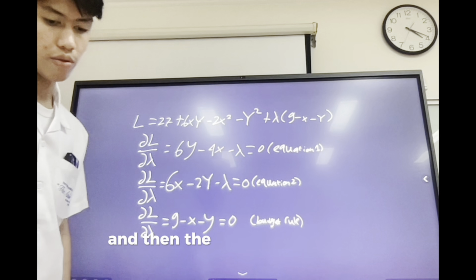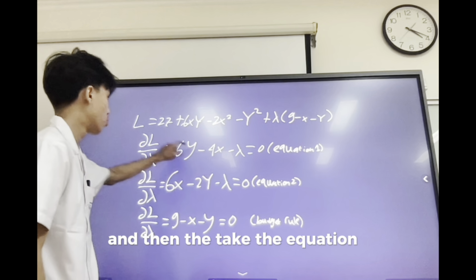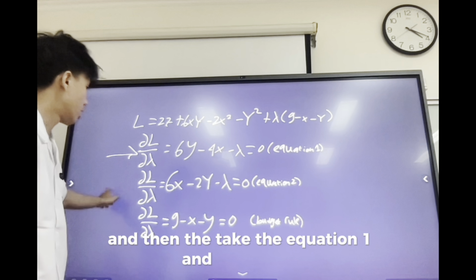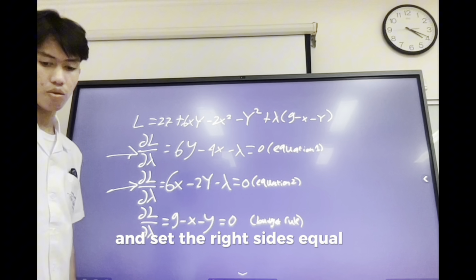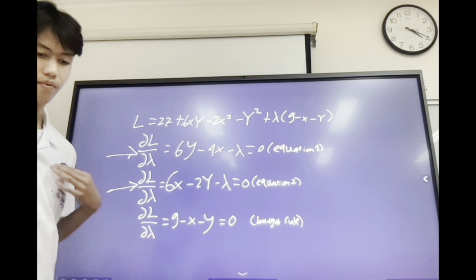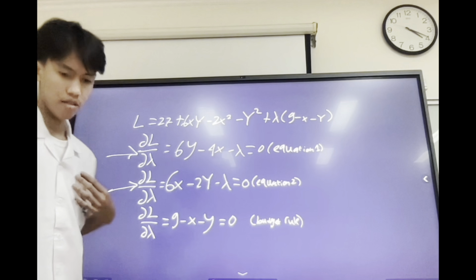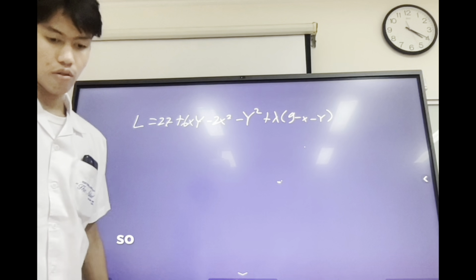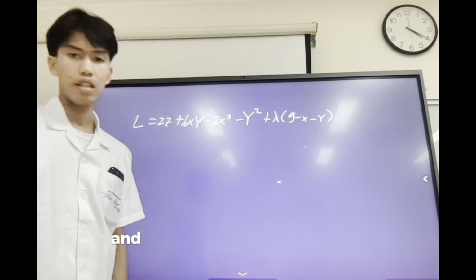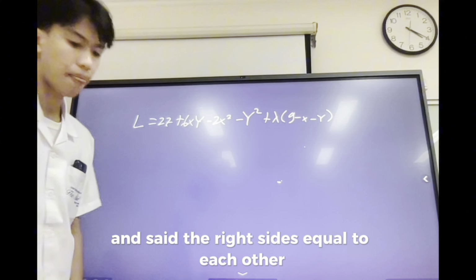And then take equation 1 and equation 2 and set the right sides equal to each other. So I will erase this. Alright, so we are going to take equations 1 and 2 and set the right sides equal to each other.